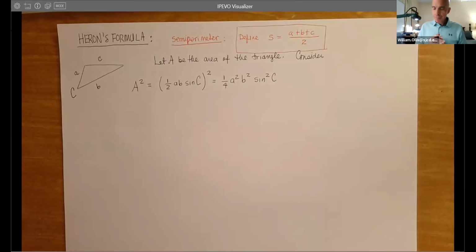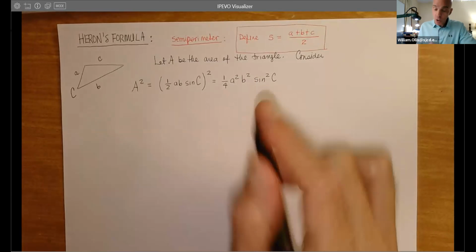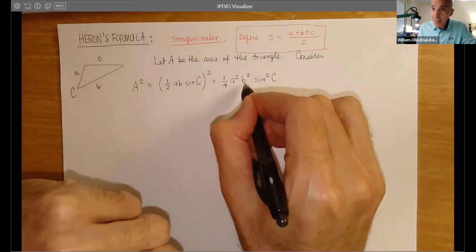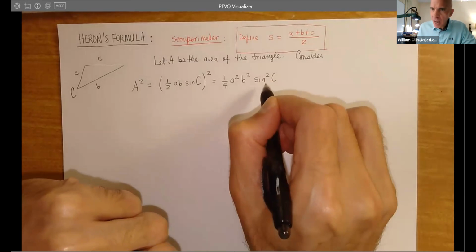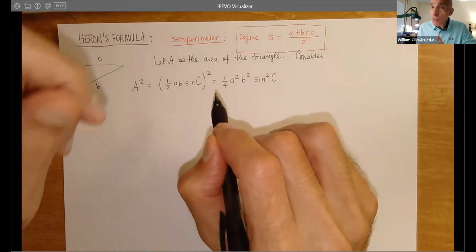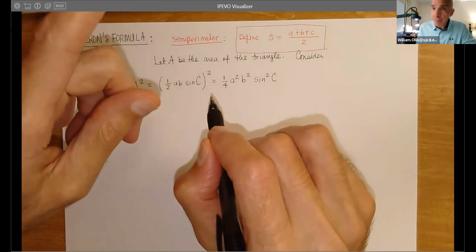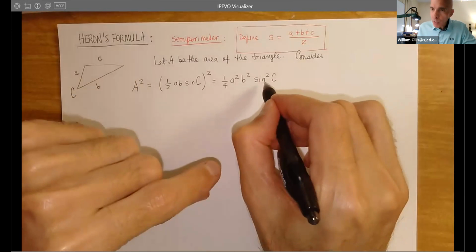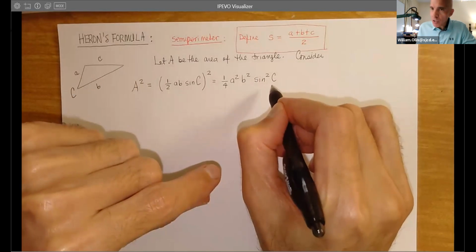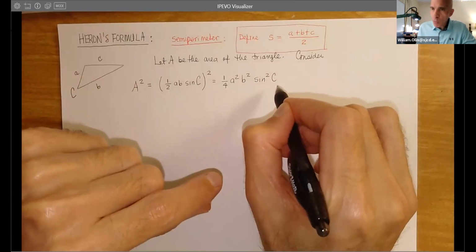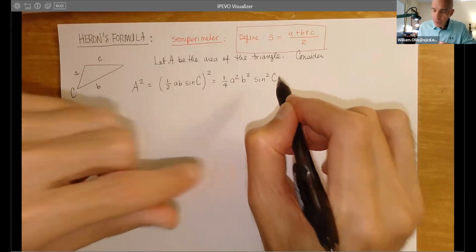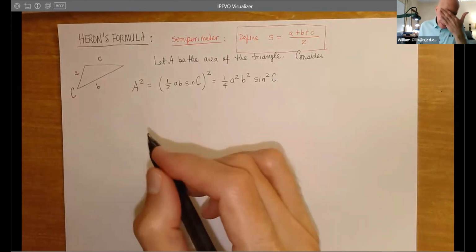Now, when we look at this, we're thinking, okay, well, Heron's formula has to only include things like this. This is really not what we want, and we want to use the law of cosines. So we can rewrite this using the cosine, using the fundamental identity, so we can go directly to the law of cosines and see what that tells us.